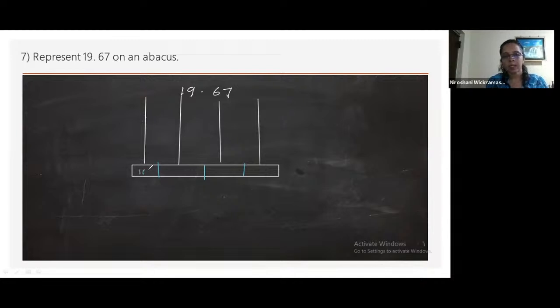It is tens place, unit place, we are saying ones place, 1/10th place, 100th place. So at tens place 1, unit place 9, and the 1/10th place 6. 100th place it is 7. 19.67.